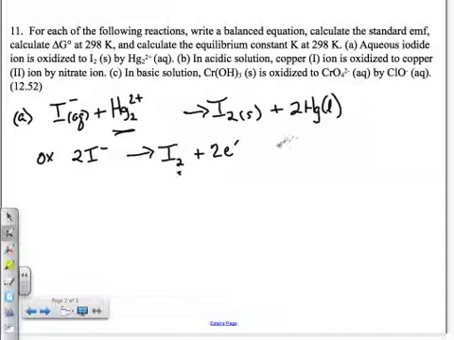Of course, it will be written as a reduction, so I will change the sign of that reduction, and that becomes negative. The E-ox is negative 0.536. So the problem told us that iodine was being oxidized. So we wrote it as an oxidation, given the information in the problem.